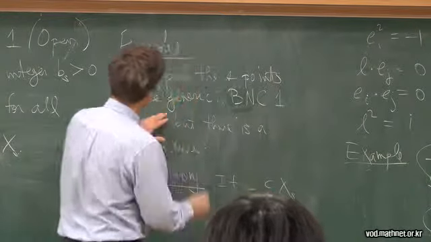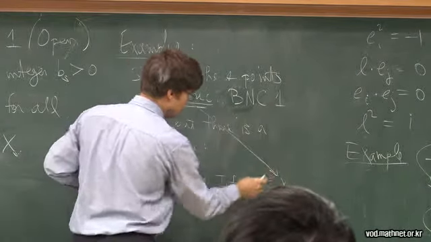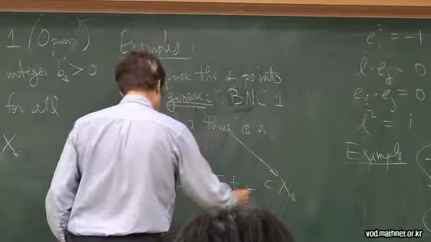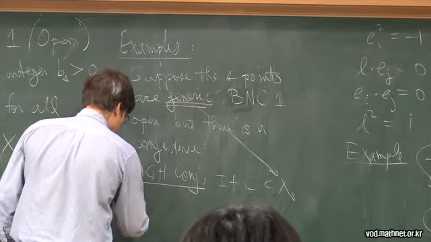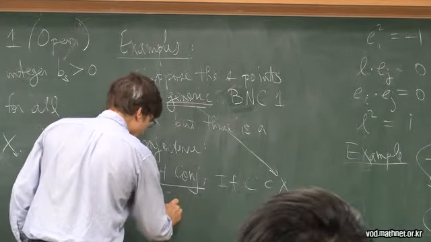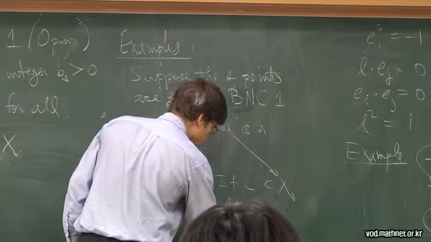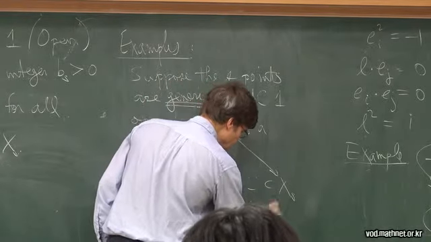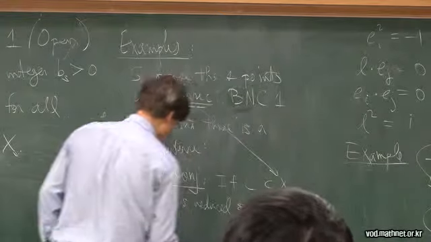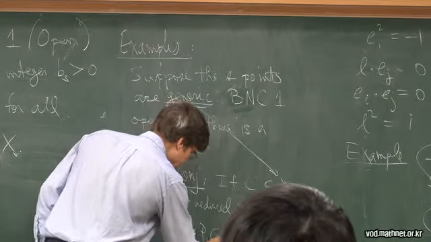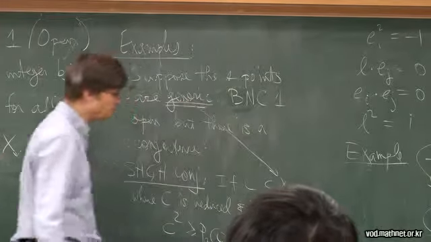X has to be a blow up at generic points. If C is a curve on a blow up of P2 at generic points, where C is reduced and irreducible, then C squared is greater than or equal to the arithmetic genus of the curve minus 1.